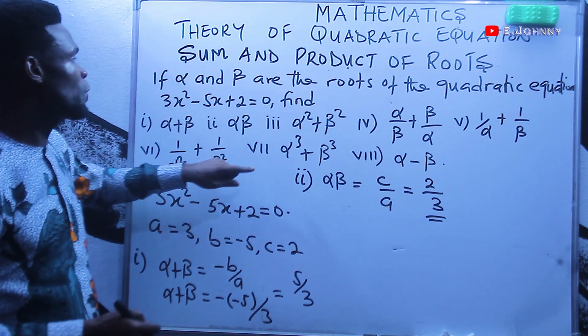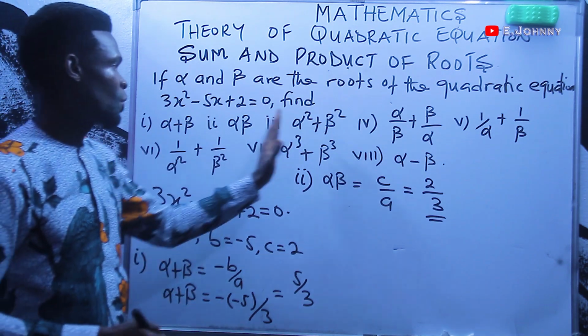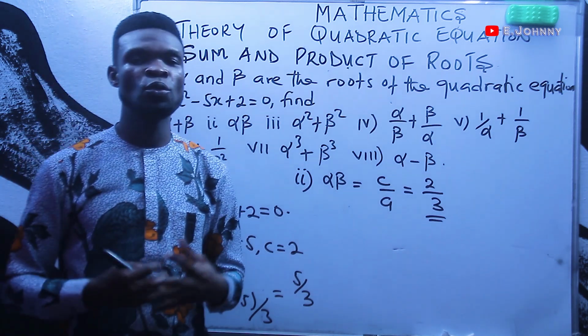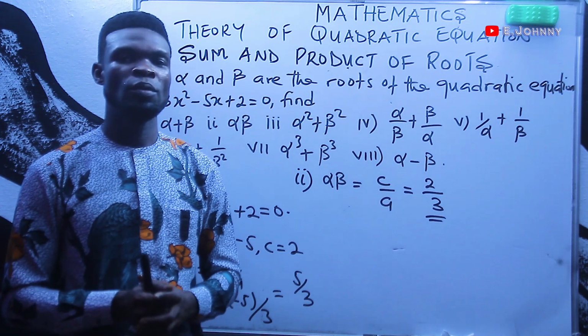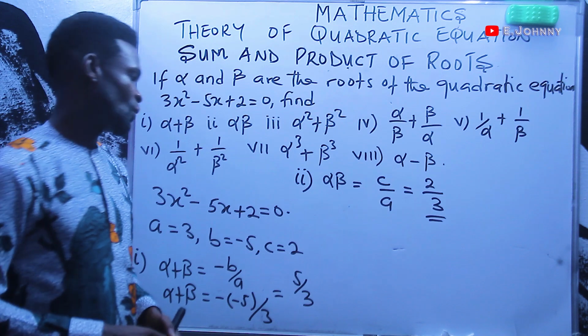Now, for us to find III, which is alpha squared plus beta squared, from here till this point, that's where we have a little work to do. So I'm going to take my time to explain that.